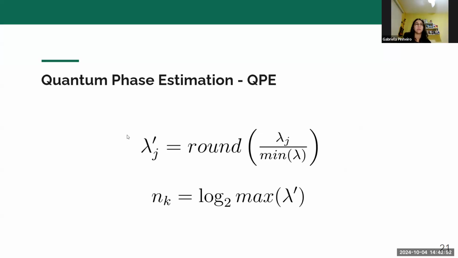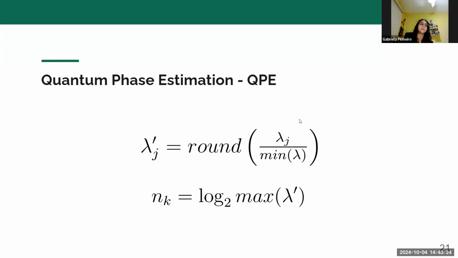That's why we have what I called a lambda dash transformation here: we divide every eigenvalue by the minimal one, because that way we have the ratio between all of those elements. So we have this 2 times bigger, 3 times bigger, and then we round it to the integer. We do an integer division of this data, which means we lose a little bit of data here, but it is part of the circuit.